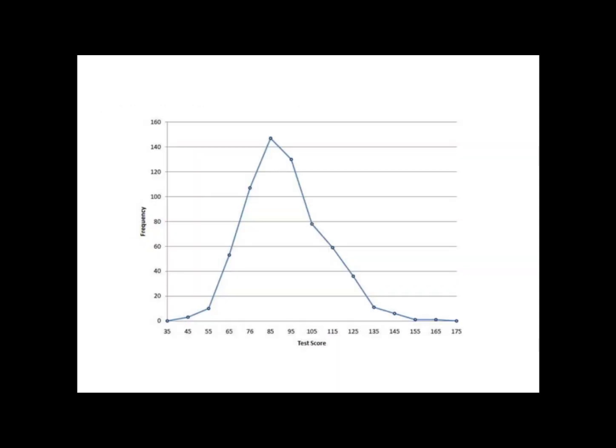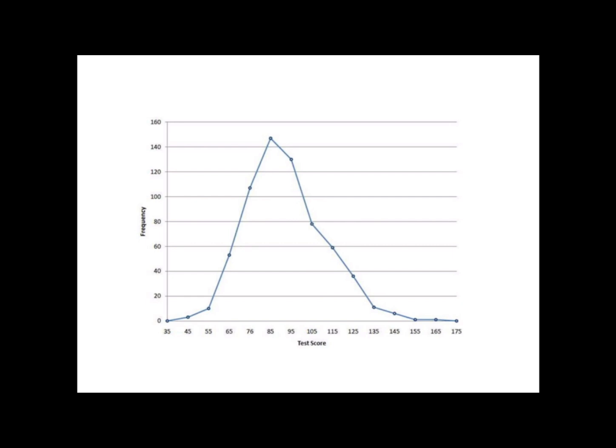So this is what a frequency polygon looks like. Now take note though that the polygon is always going to be closed at both ends of the area. So you can see around 35 on the x-axis and 175 on the x-axis, those points are right on the x-axis, so the polygon is closed.